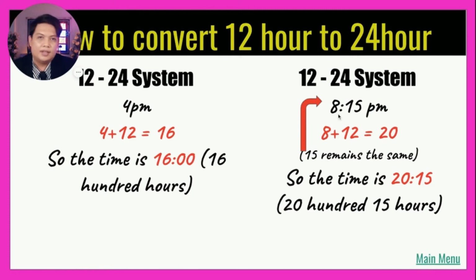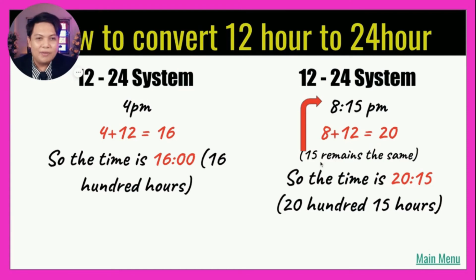Now, how about this? For example, the time is 8:15, or 15 minutes past 8, or a quarter past 8 in the evening. All you need to do is add 12 to 8. 8 plus 12 equals 20. By the way, this is not math. This is still English, but I'm trying to teach you how to tell time, so don't get confused. This is still English with Teacher Chris.